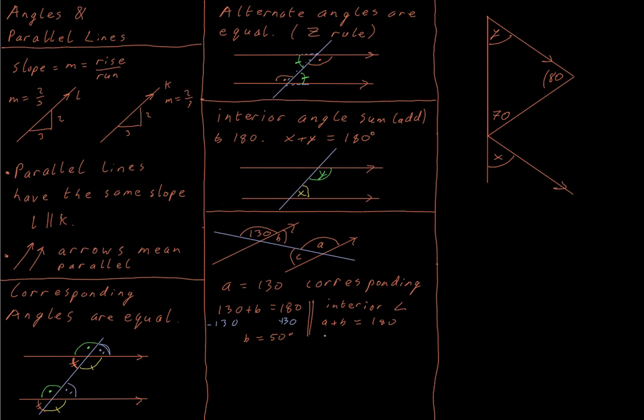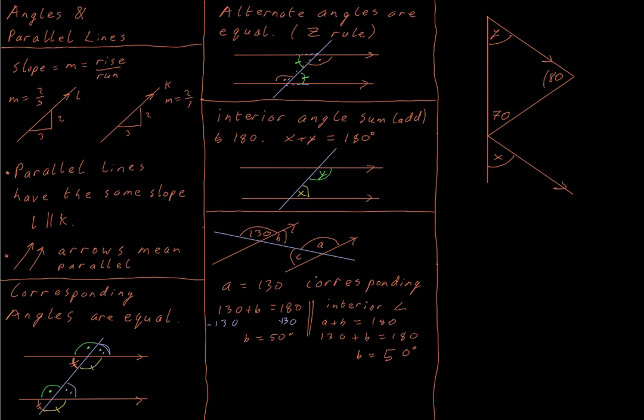Again, this gives us the same formula, but we come at it from a different perspective. And in different questions, those perspectives will be useful. So we know that 130 is my angle A, plus B is equal to 180. So I'd end up with B is equal to 50, just as before.